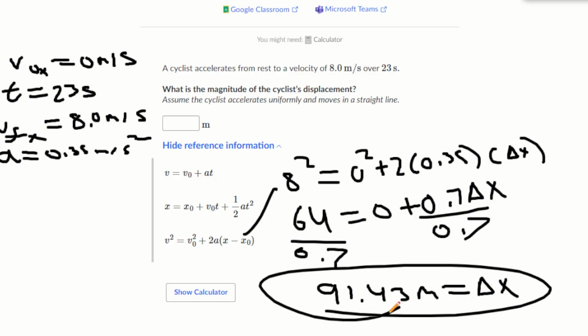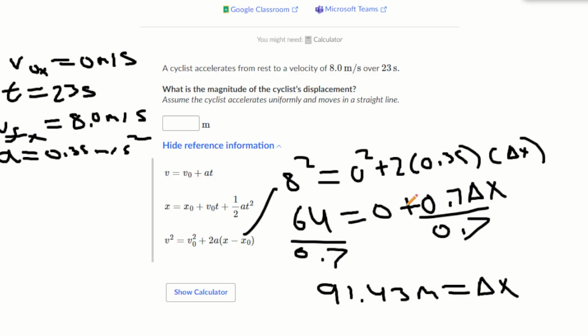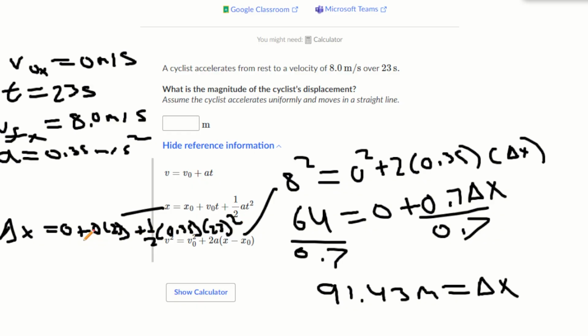And to check if this is correct, we can go back and plug it into the other equation over here, where delta x is equal to v initial times t, plus 1 over 2 times 0.35 times 23 squared. The initial position should be 0, v initial is 0 times t, which is 23, so that is just 0, plus 1 over 2 times 0.35 times 23 squared. 23 squared is 529.